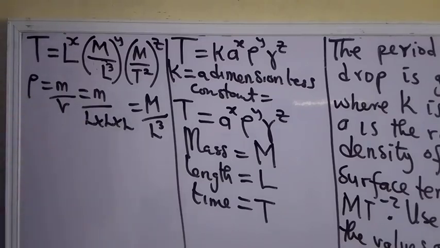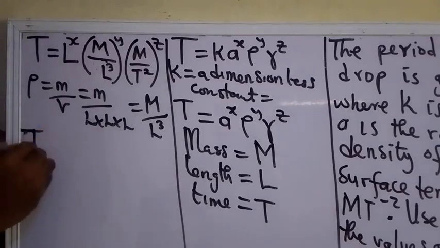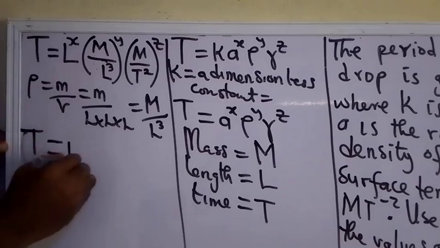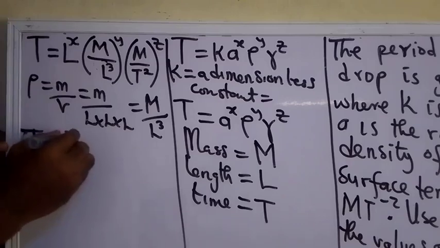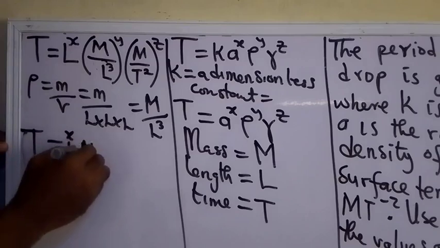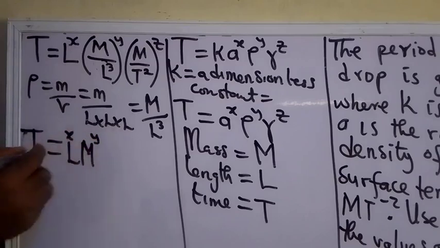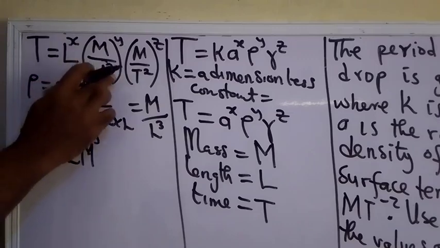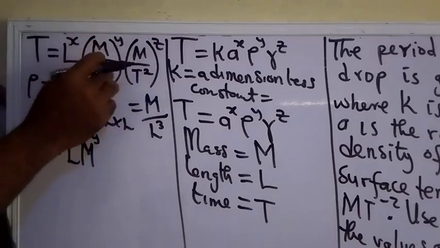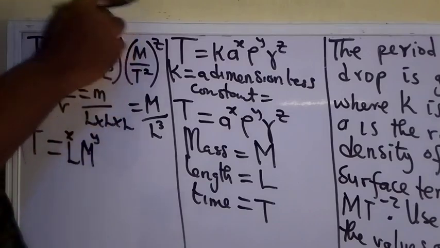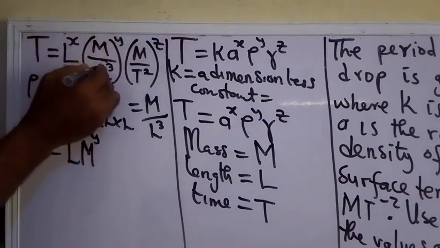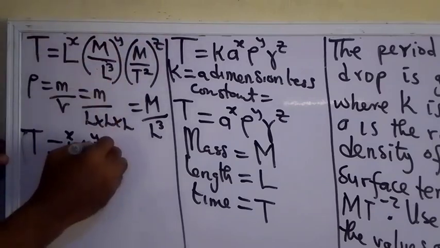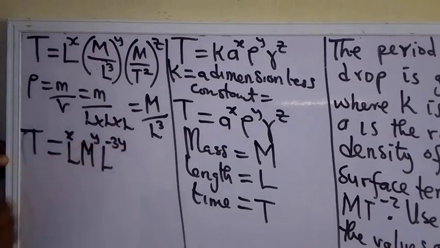Now let's see what we're going to get. So we have T here equal to L raised to power X. This L raised to power 3, using indices, the power here with another power they're going to multiply. But because this is in the denominator, it becomes minus. So we have L raised to power minus 3y.